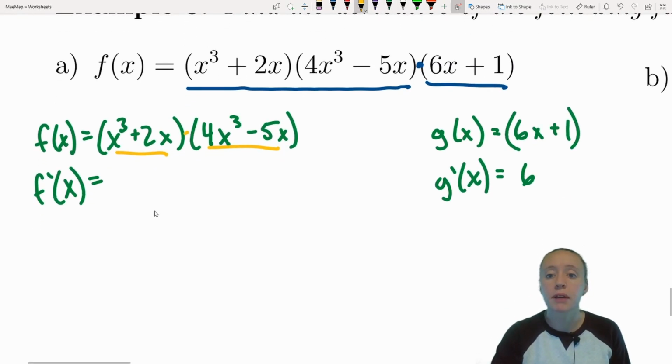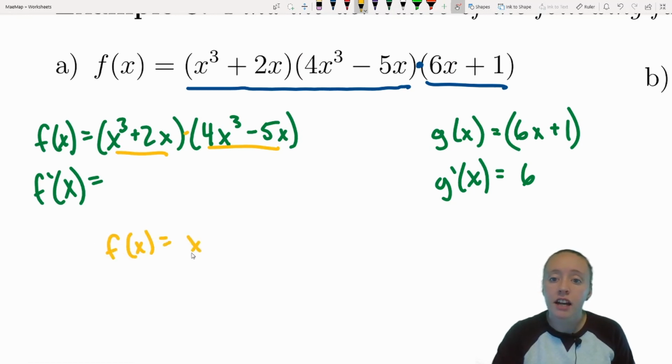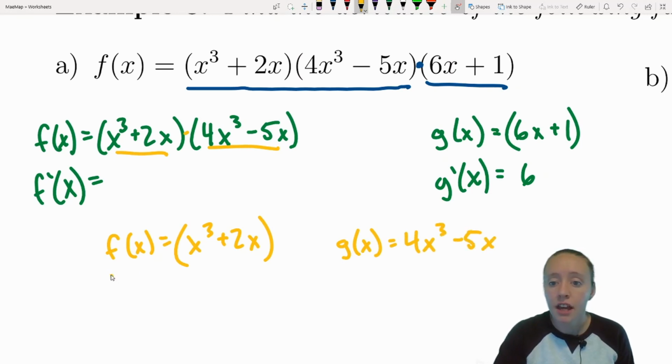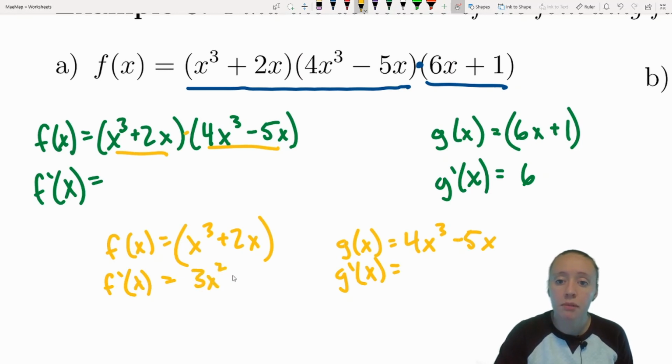Let's do some more bookkeeping. If my first function in this case is x cubed plus 2x, and my second function, g of x, is 4x cubed minus 5x, then I'll take the derivatives of each of those. The derivative of x cubed plus 2x is 3x squared plus 2, and the derivative of 4x cubed minus 5x is 12x squared minus 5.